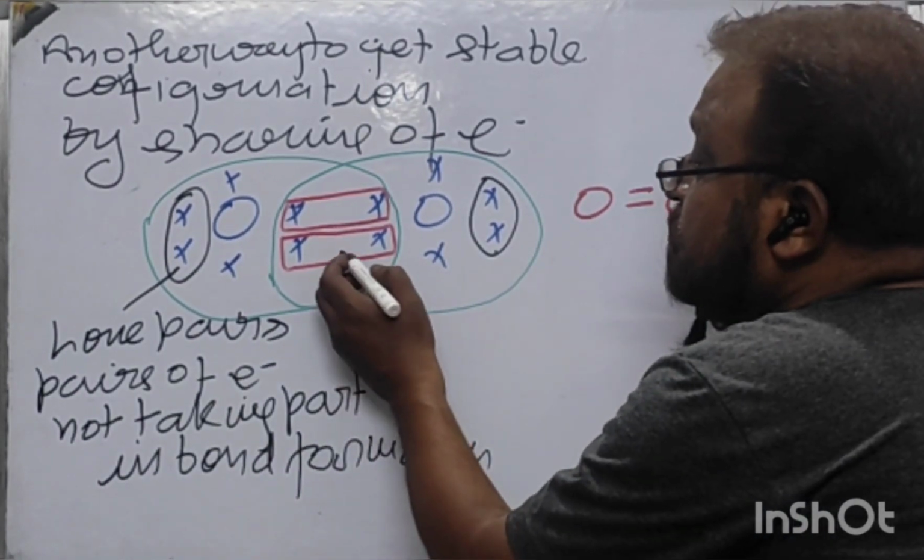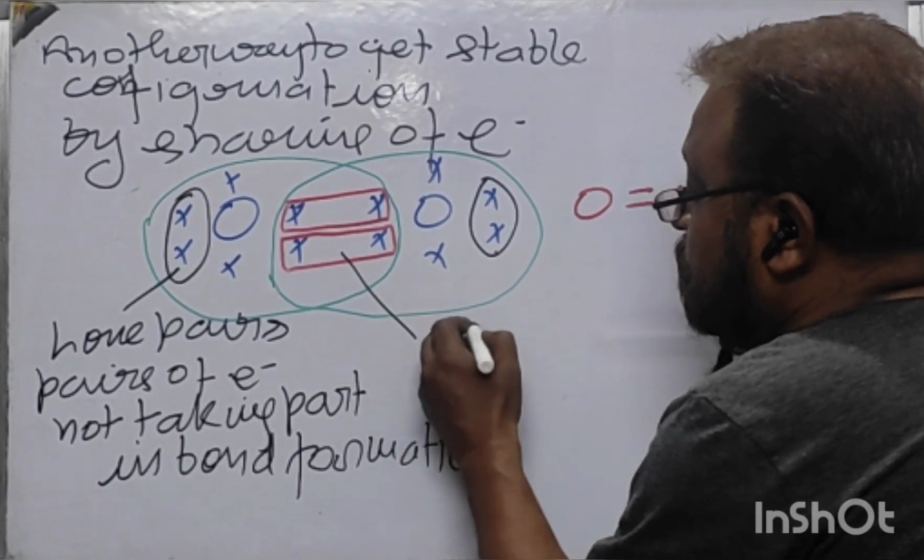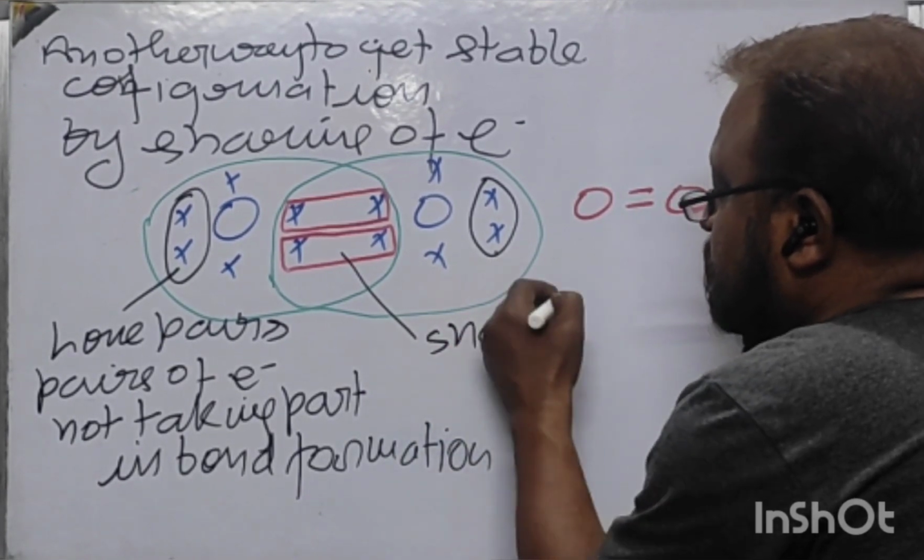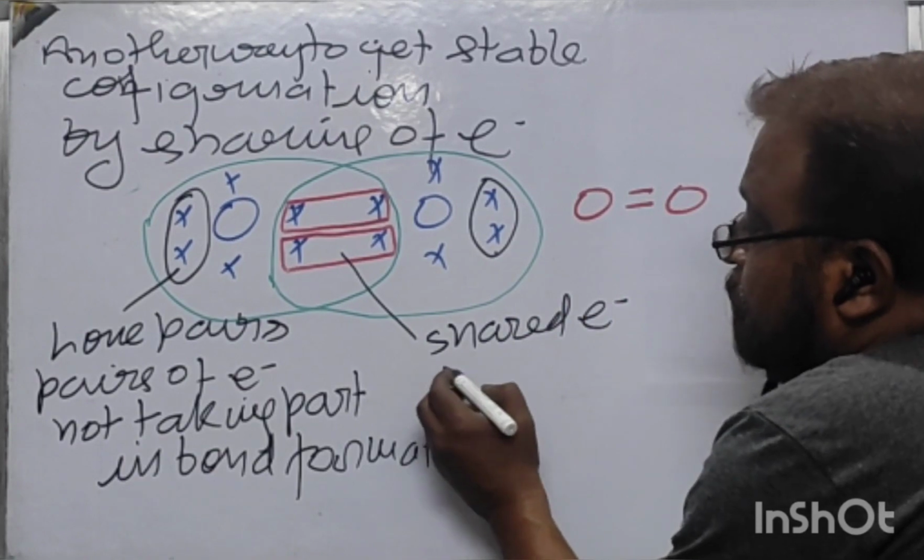And this is the shared electron pair for bond formation.